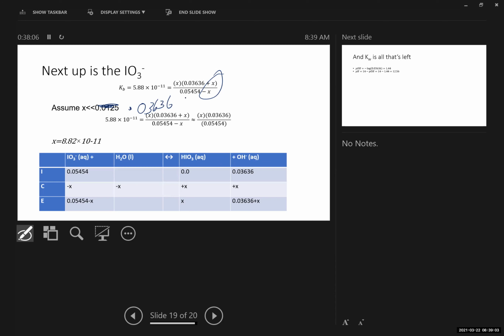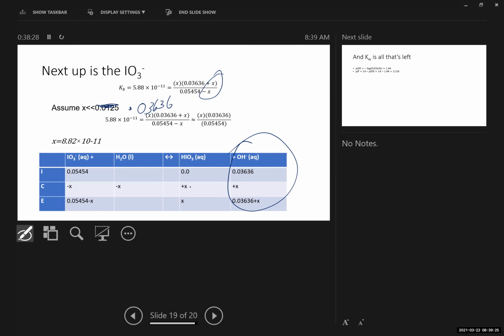I would be completely done if I had any hydronium at this point, but I don't. All I have is hydroxide, which is always true if I have a basic solution, but I do get hydronium from the KW.